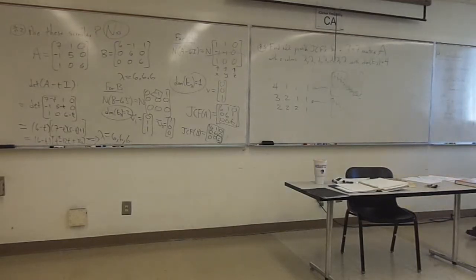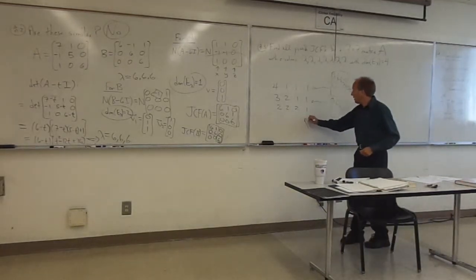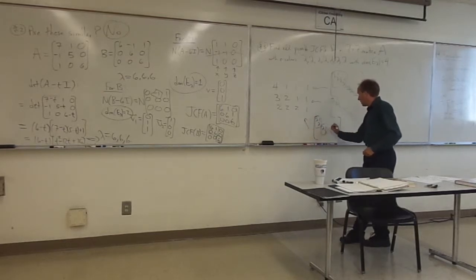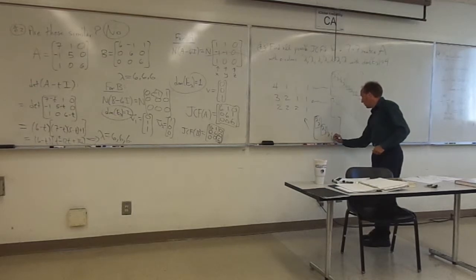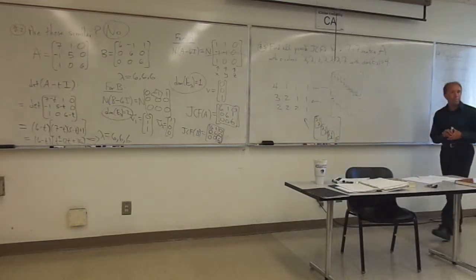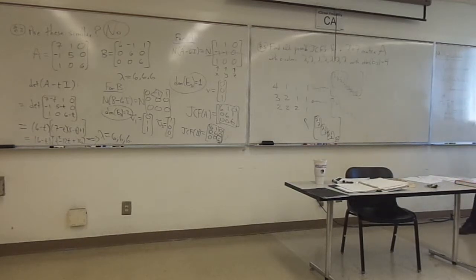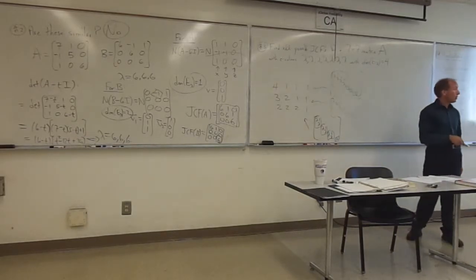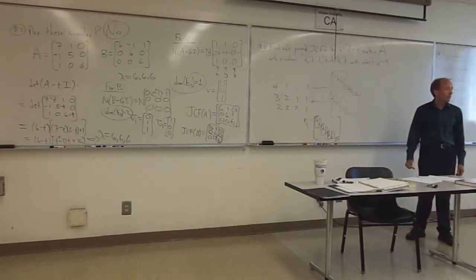And then the last one would be a 2 by 2 block, another 2 by 2 block, another 2 by 2 block, and then a 1 by 1 block. Okay? Does that make some sense? So there's 3 possible Jordan canonical forms.